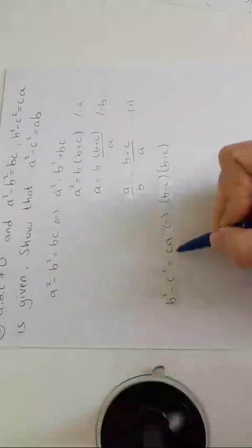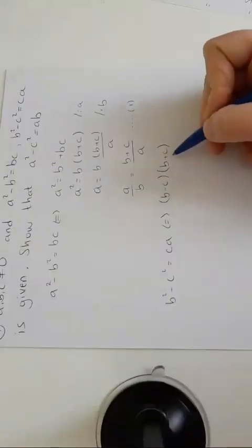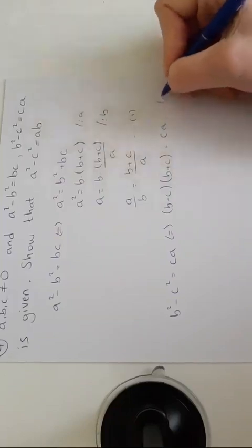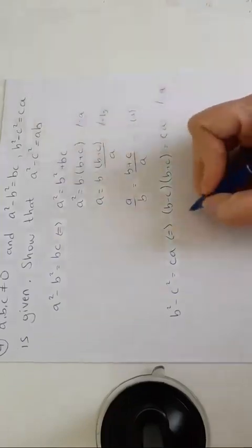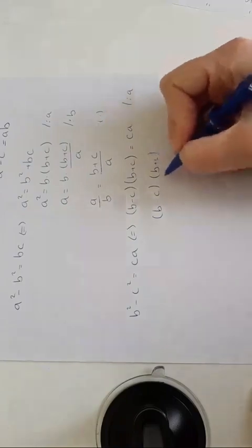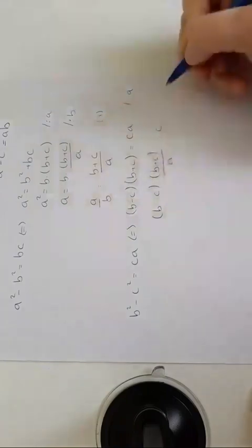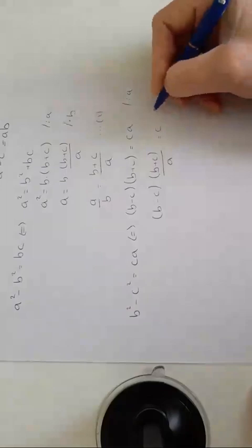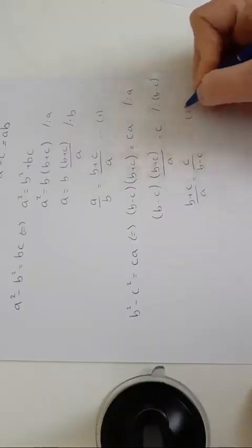Minus c squared is equal to ca. So I can write b squared minus c squared as (b minus c) times (b plus c) is equal to ca. I will divide by a, I will get (b minus c) times (b plus c) over a is equal to c. And I will divide now by b minus c, and it will become (b plus c) over a is equal to c over (b minus c). Name this one as 2.